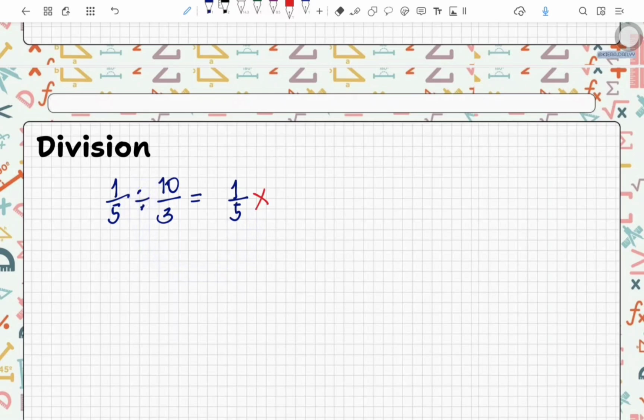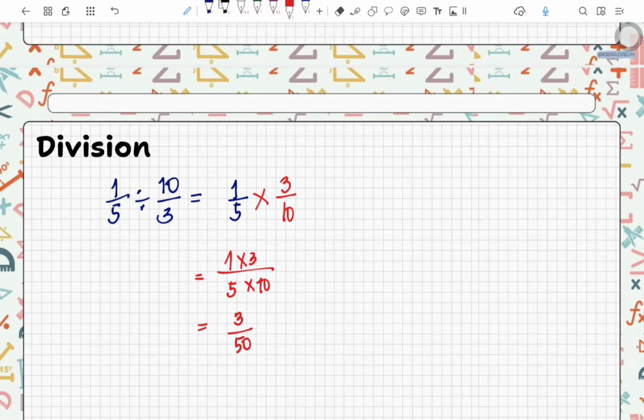And then, as I said a while ago, we are going to get the reciprocal of 10 over 3. Means the 10 will go down since it is from the top, and 3 will go up since it is at the bottom. So this will become 3 over 10, and proceed to the multiplication rule. So 1 times 3 over 5 times 10, which is equal to 3 over 50. So this is how you do the division.